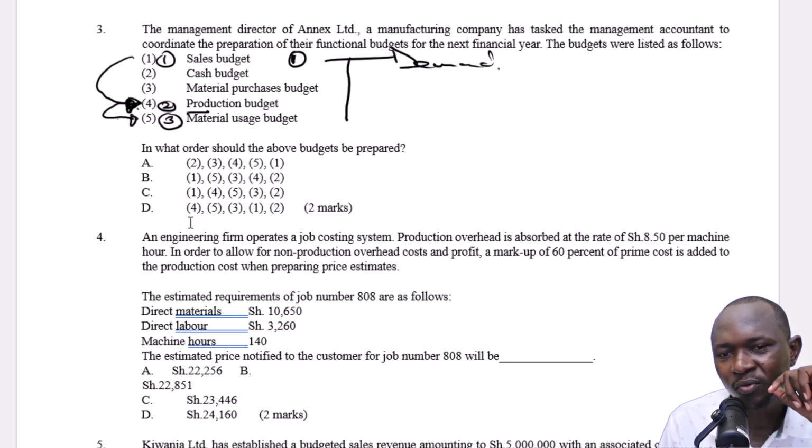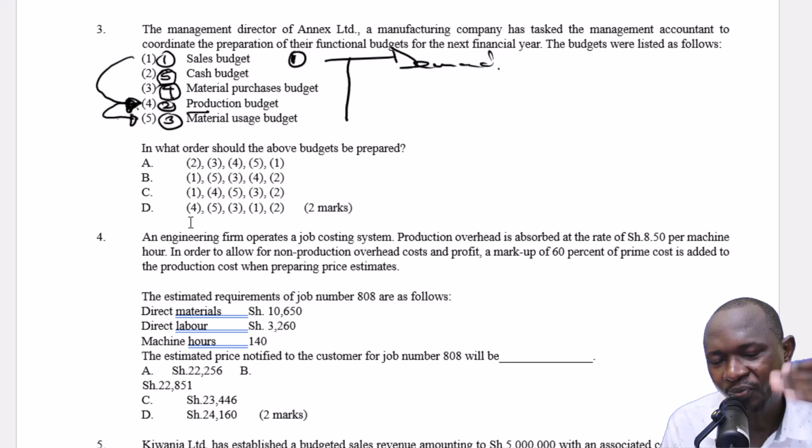Once we get the materials that are required, the next question is, what is the cost of these materials? Once we determine the cost, we prepare the final document, which is the cash budget. A cash budget will have the sales part.